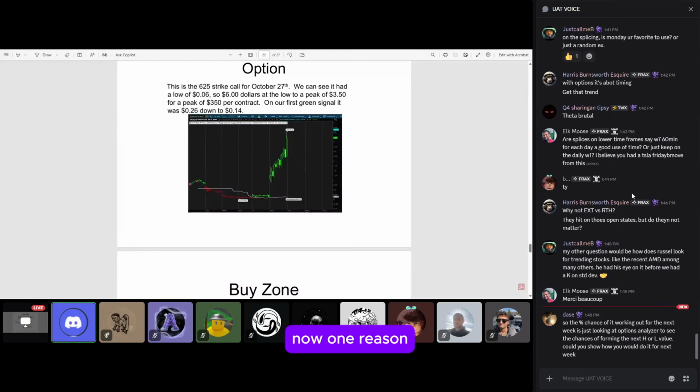Now, the fractal system does run in extended hours, but it's turned off. One of the reasons is that since there's not a lot of liquidity in extended hours, it's very choppy and starts giving a lot of data points. So right now we just have it set to RTH, because the amount of noise entered into the system using the extended trading hours becomes ungodly.